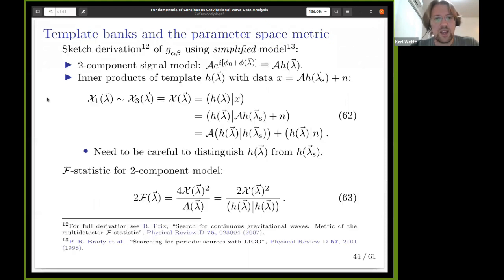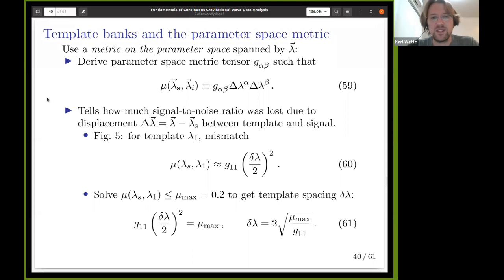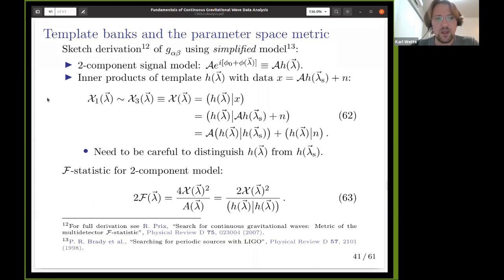The next thing to do is work out the value of that tensor G alpha beta. Doing the full derivation of this for the F statistic is actually pretty complicated. If you're interested in seeing that, I've cited the paper by Reinhard Prix there, which gives the full calculation.